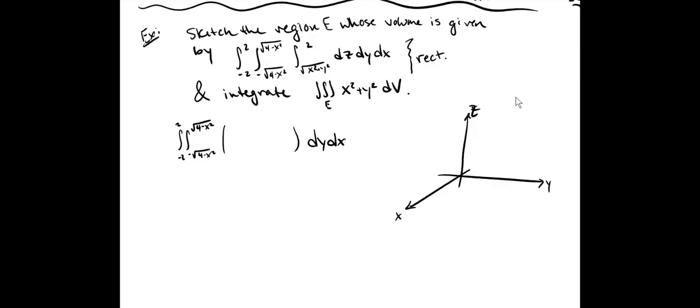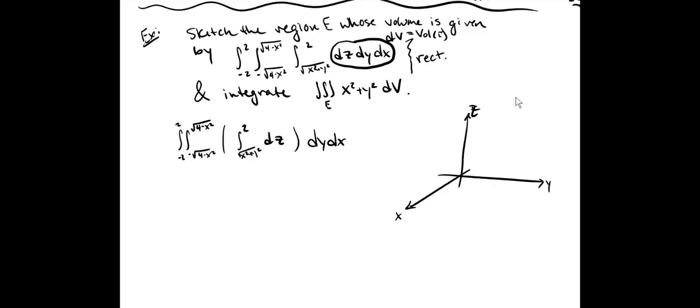So let's start there. I'll leave this stuff inside so we can analyze it as well. And to be clear, this is just dV in rectangular, so the triple integral of dV is volume. So this integral does represent the volume of this region E.